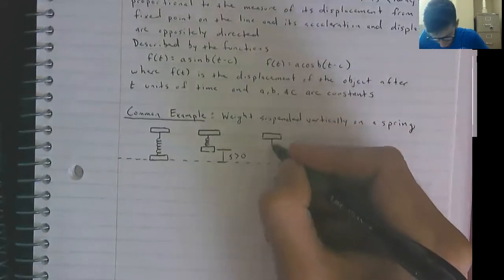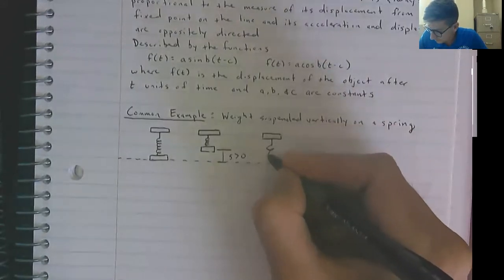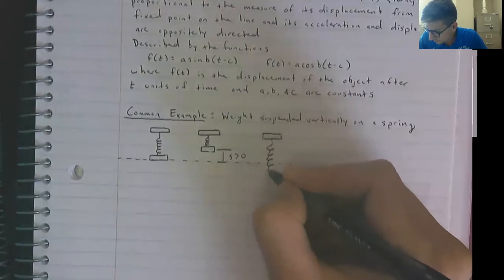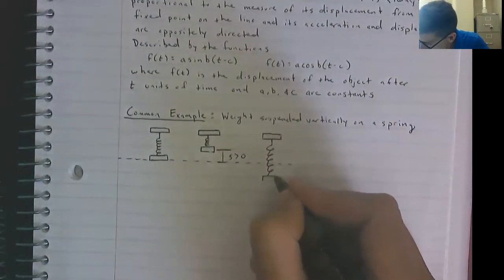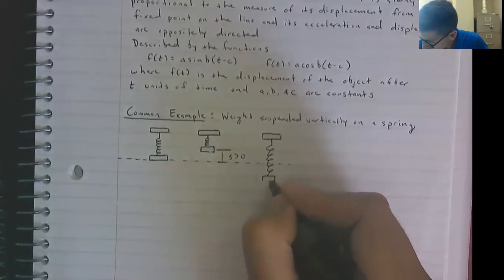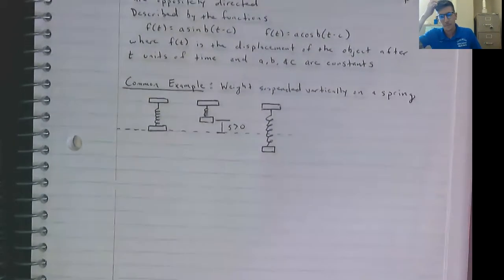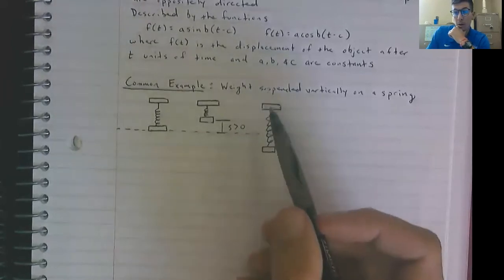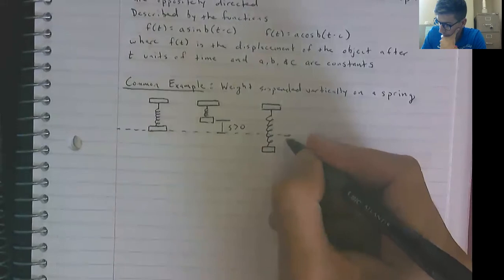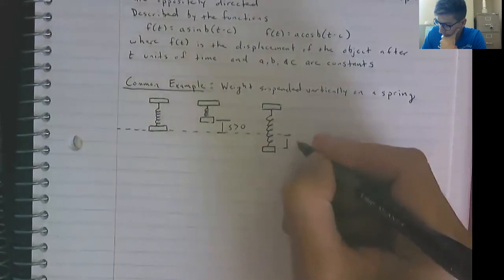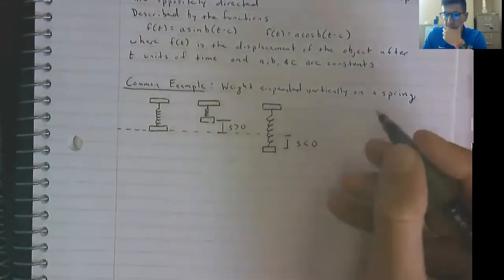which is now this spring getting stretched out. And now the weight is below this neutral point. And so this distance, S, is less than 0, okay?